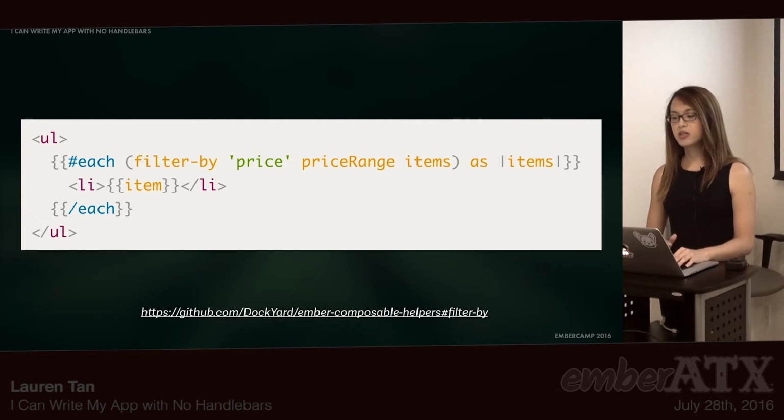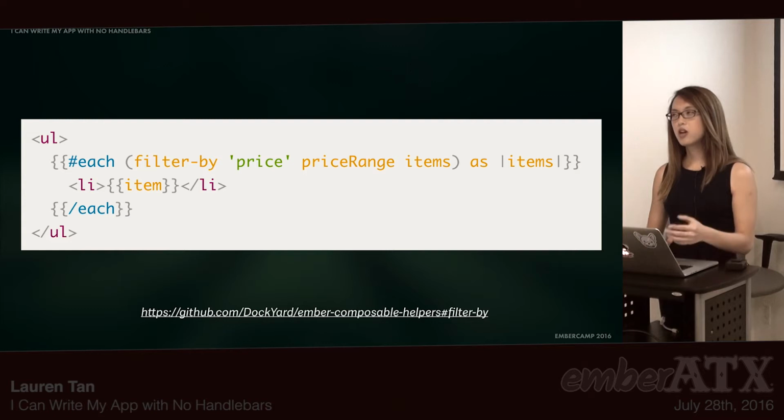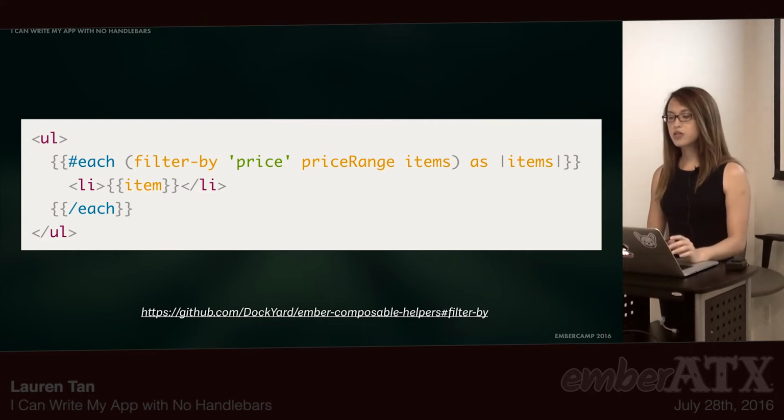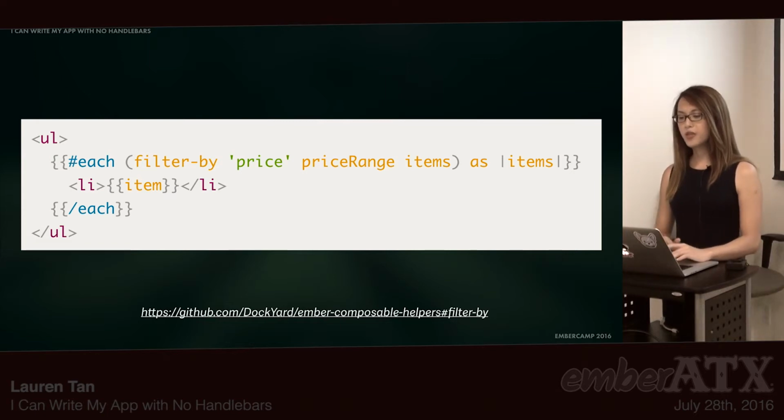For example, there is an add-on I helped to write called Ember Composable Helpers, and it has a bunch of really useful helpers that function kind of like computed property macros. The logic isn't so extreme that it becomes programming in the template, but the upside of this approach is that you no longer need to worry about the dependent keys for a computed property, and this logic is more reusable in your template. But at this point, why not just use JSX if you wanted to write something like this?